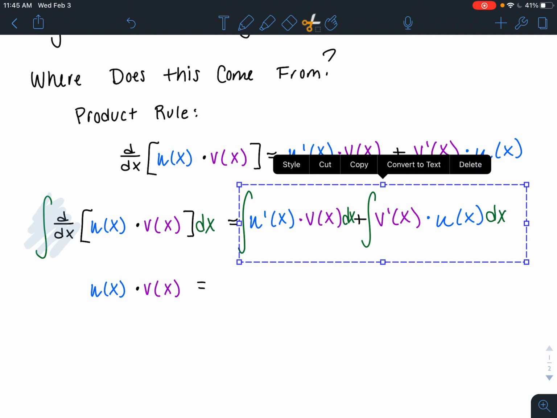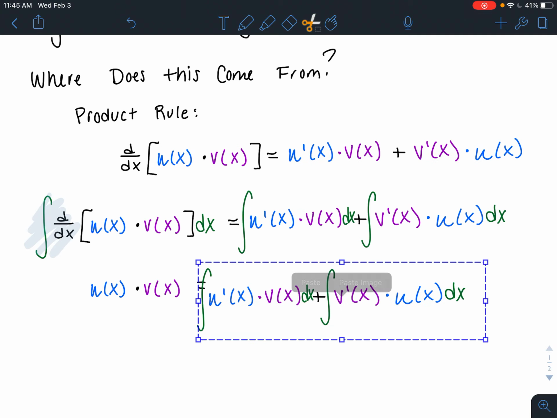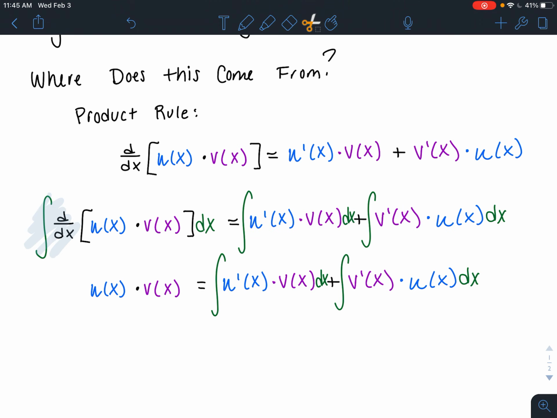I'm just going to leave these two the same. It's just equal to those integrals. So now all I'm going to do is subtract this integral to the other side.